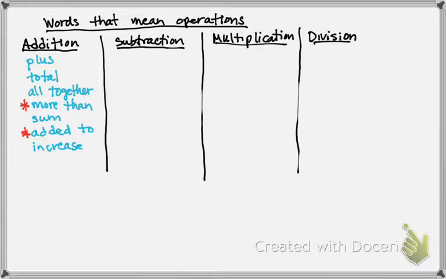All right, let's talk about words that mean subtraction. So subtraction, less than. And again, I'm going to put one of those little asterisks there. We'll talk about that in just a bit. Minus, that's an old-fashioned one. Difference, that's the answer to a division or subtraction problem. Takeaway.